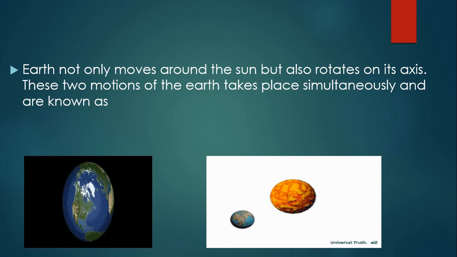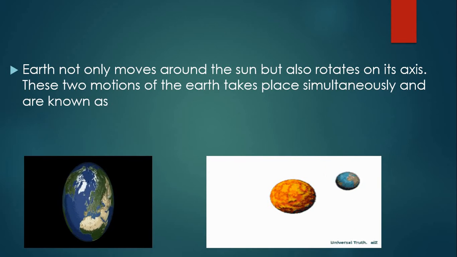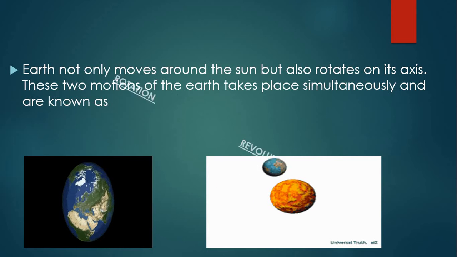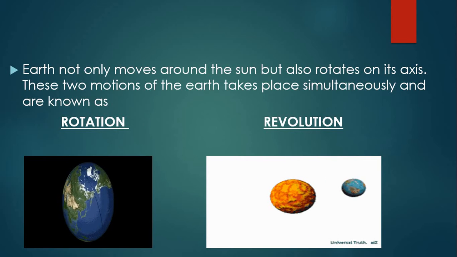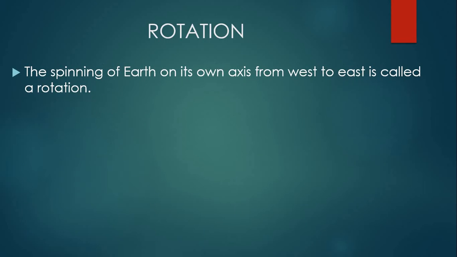As you can see in the picture, two different pictures showing two different motions of the earth. First one rotation and second one is revolution. Rotation, that means it is rotating on its own axis. Revolution means it is revolving around the sun. Let's learn about rotation in detail.